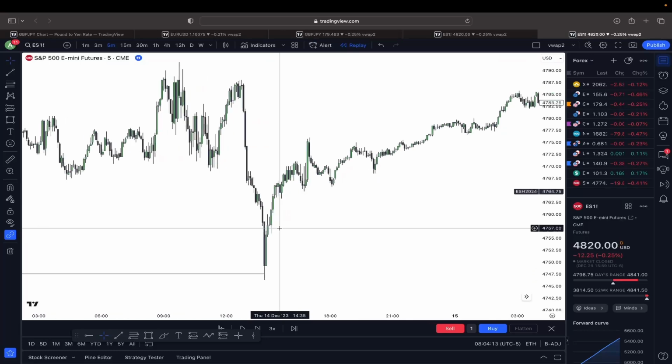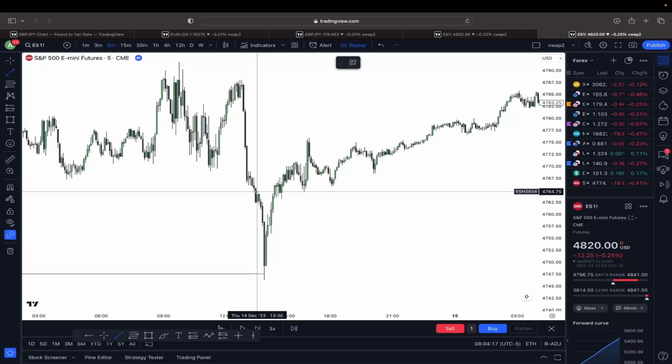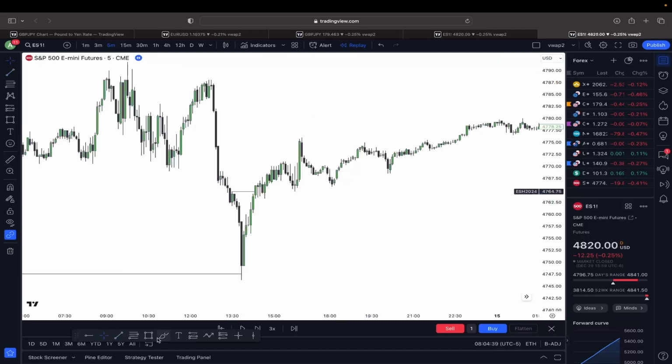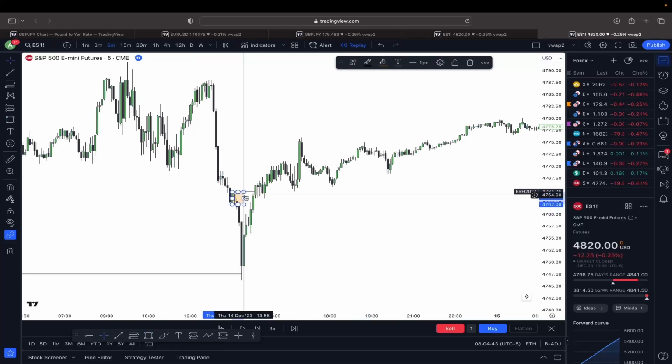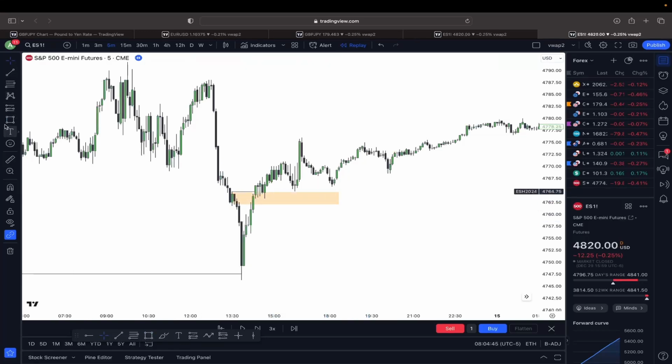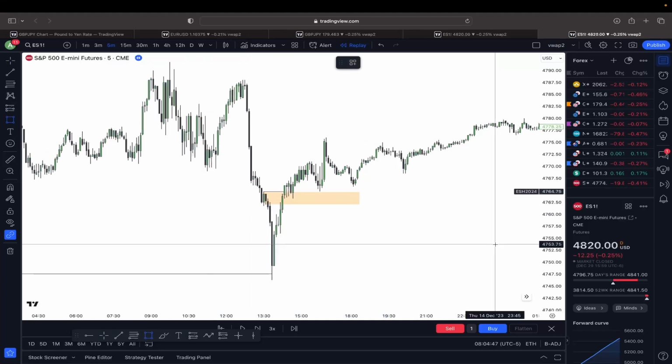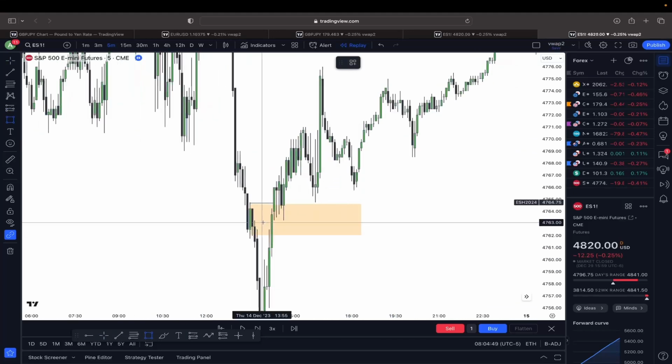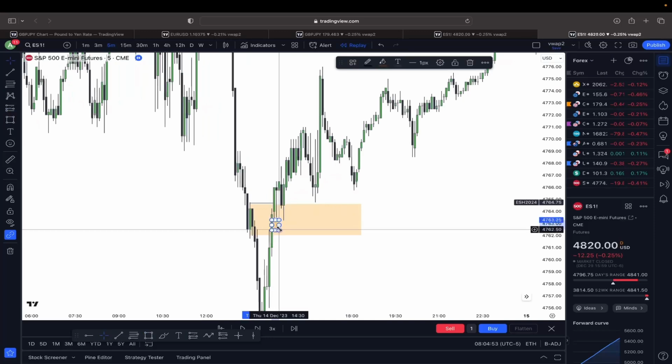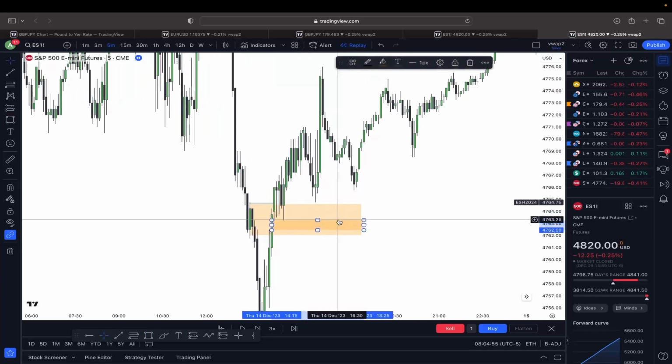After that stop hunt, we're then waiting for our displacement, which comes in the form of this market structure shift here. From this market structure shift, we're then left with this breaker block. And inside that breaker block, it's only a small one, but we are then left with this bullish fair value gap, which I'm going to colour in green.